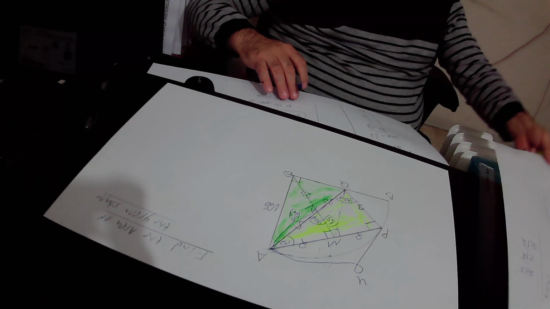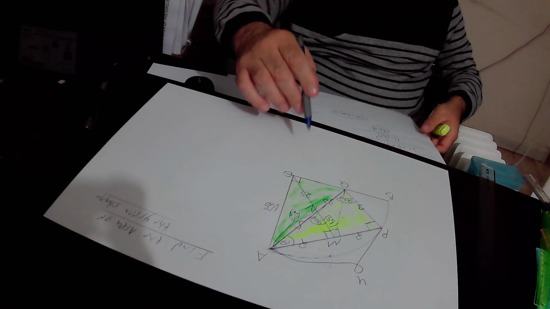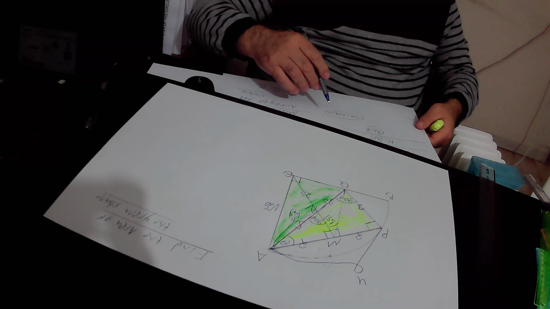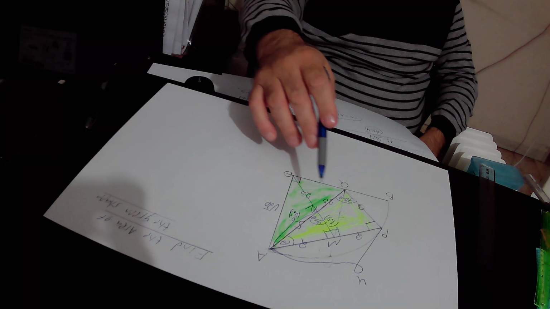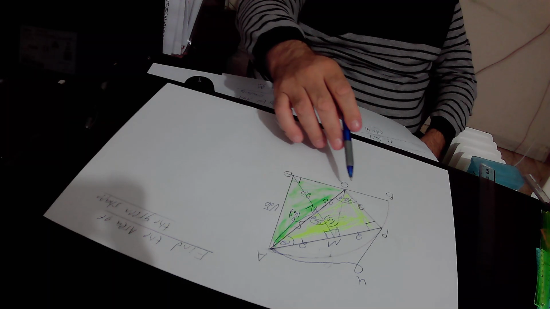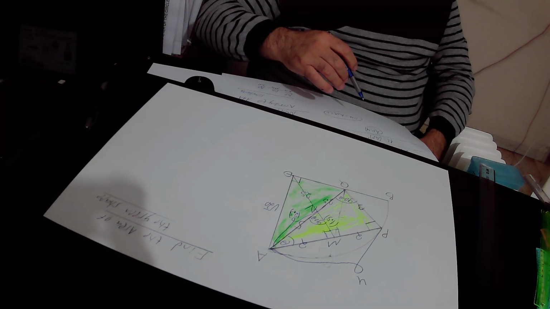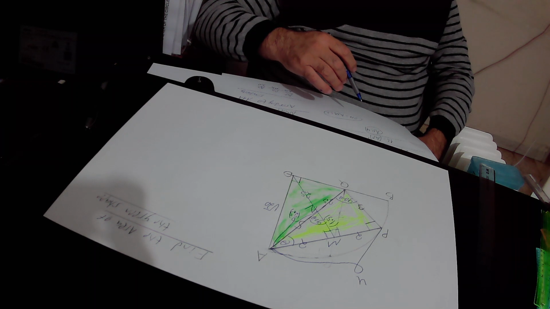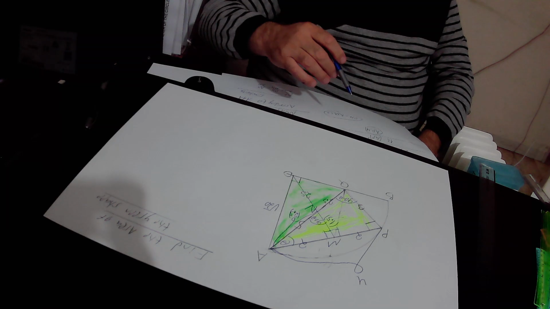So in this lecture, we found out the area of the green right triangle AOQ. First of all, we focused on the yellow triangle APQ, and we implemented the Pythagoras theorem in this yellow triangle. According to the Pythagoras theorem, the square of the hypotenuse equals the sum of the squares of the perpendicular sides.